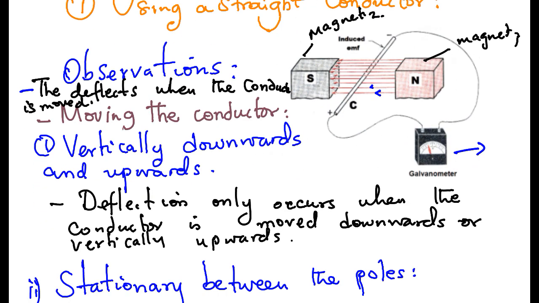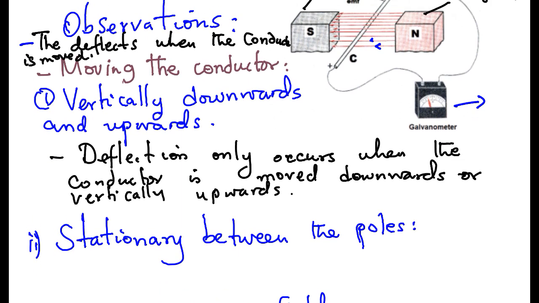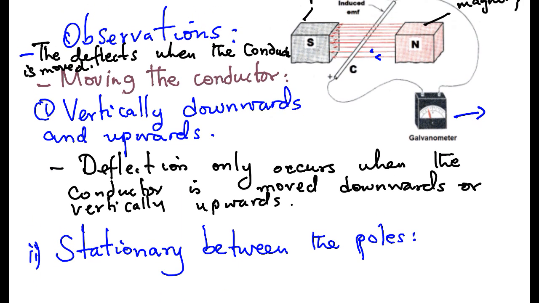What happens then when the conductor is not moved? When the conductor is stationary between the poles, there is no deflection in the galvanometer.